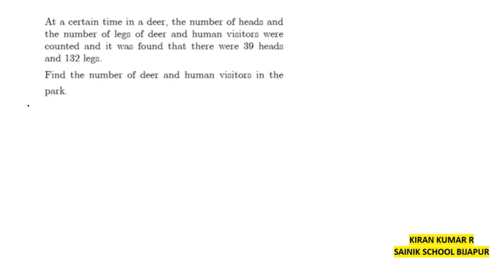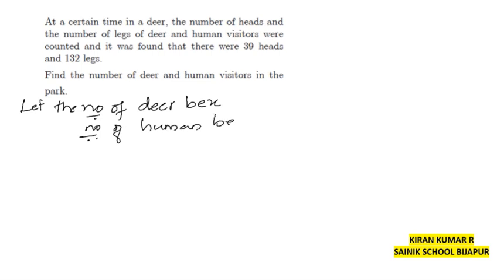Let the number of deer be x and the number of human be y. According to the condition, there were 39 heads, so I have to directly take x plus y is equal to 39.